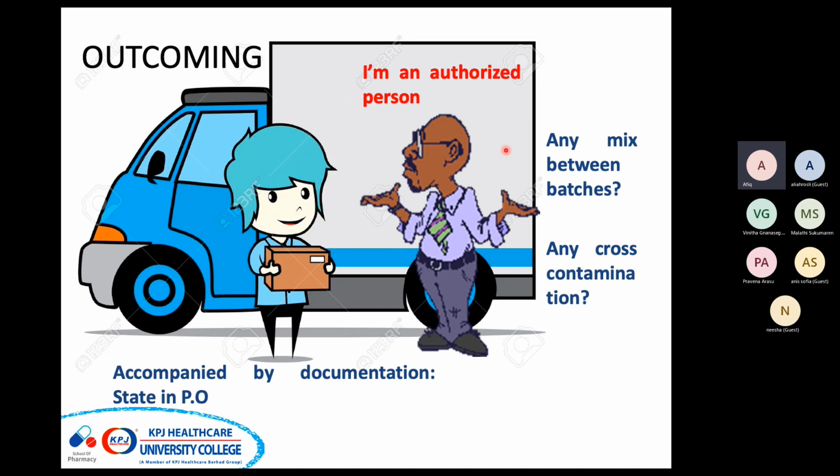And this authorized person has to check if there's any mixing between batches. So let's say the batch, you can refer to the batch number. Let's say the upcoming product should only be from one batch. So they should check that there is no mixing between batches, and is there any cross contamination, and all of that must be accompanied by documentation which is stated in the purchase order as well. Okay.